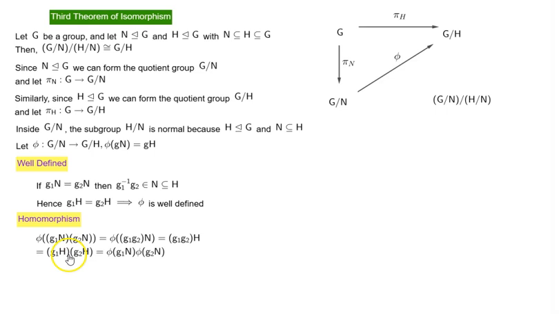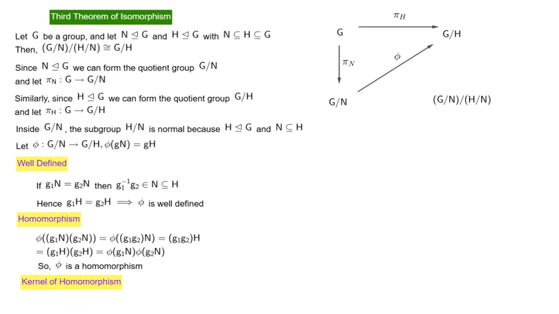So the product of these two can be written as phi of g1N times phi of g2N, which means phi is a homomorphism.